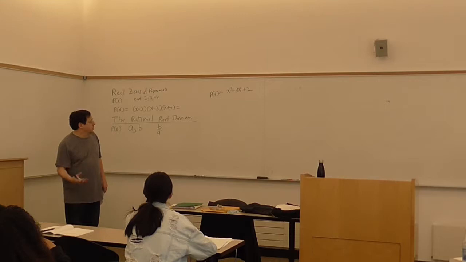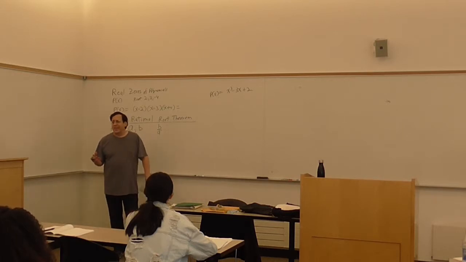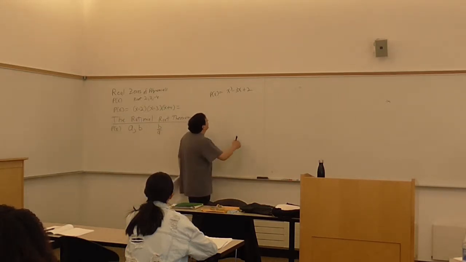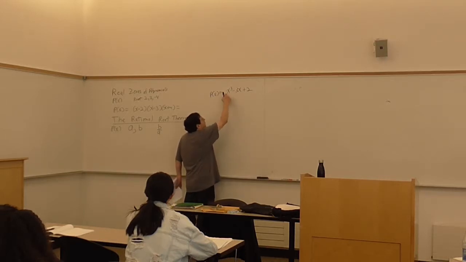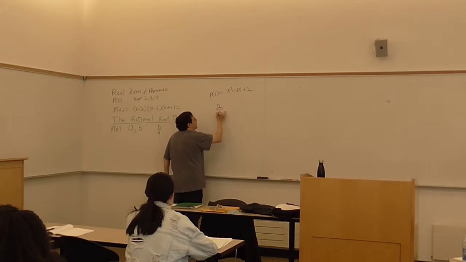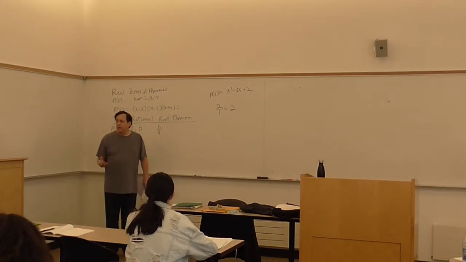We don't have a straightforward way to do it. But we can at least eliminate the possibility that it has a rational root. So we look at the leading coefficient divided into the constant term. That's 1, it's 2. And we think of what are the factors of 2?